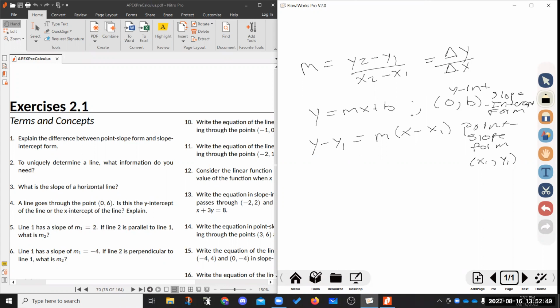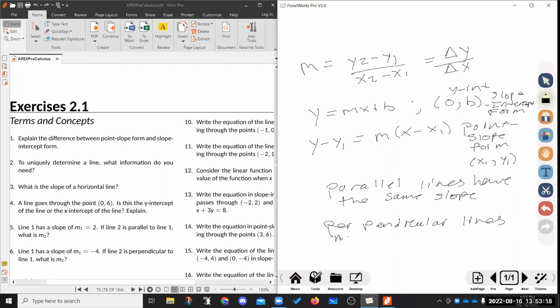We're going to also probably talk about parallel and perpendicular lines. So parallel lines have the same slope. Perpendicular lines have slopes that multiply to give you -1.